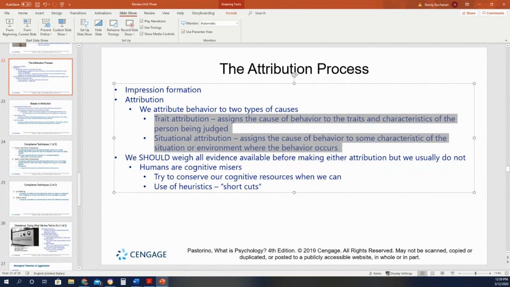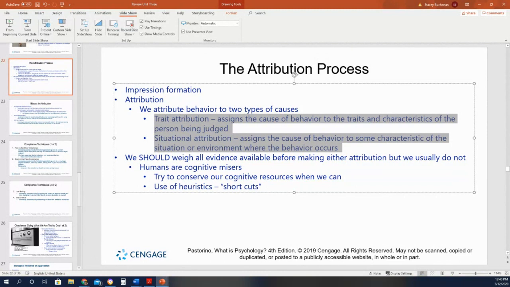Situational attribution may be that the person they're yelling at was mean to them, or maybe that person is an employee of theirs, or maybe they're telling them a story, they're not actually yelling at them. So you're applying the cause of the behavior, meaning why that person is acting that way, to the situation or environment they're in.